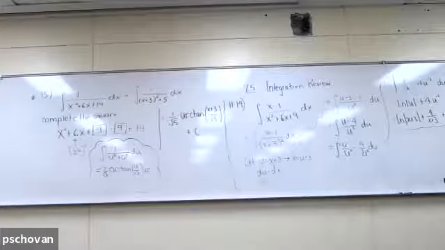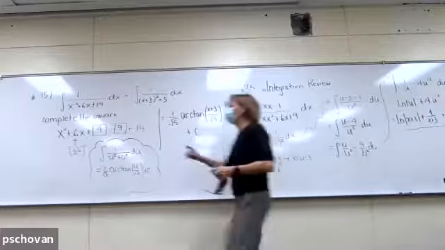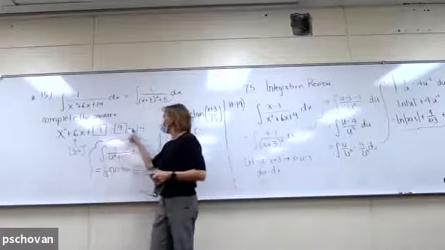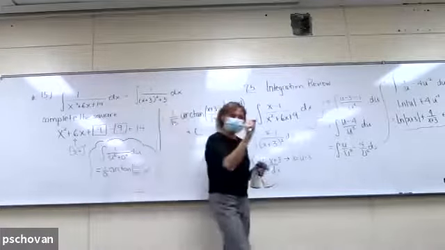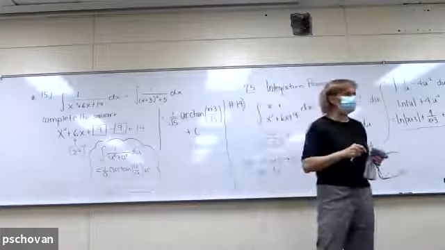So completing the square will often give us an arctangent integral, as long as we have a plus sign here. If we had a minus sign there, then we do the trig substitution.